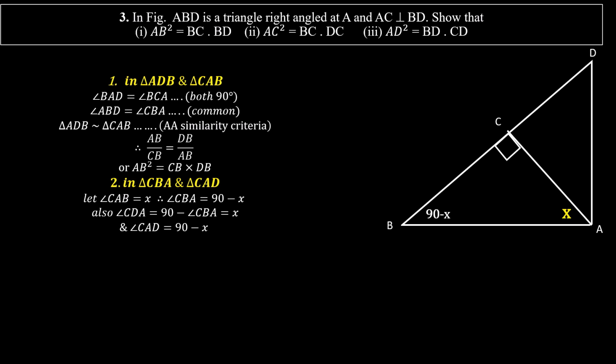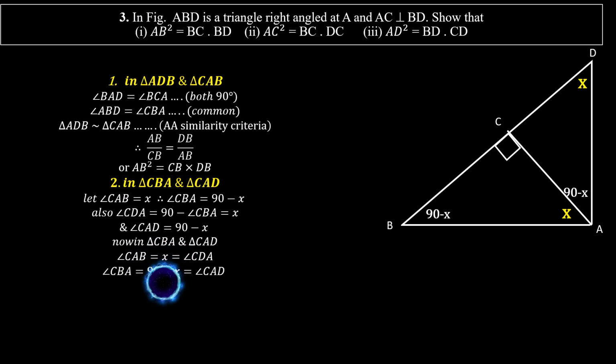CBA is equal to 90 minus x, so 90 minus 90 plus x gives us x, and CAD is equal to 90 minus x. Now see these two triangles, we get one angle is of x, one is 90 minus x, and hence they are similar by angle similarity.